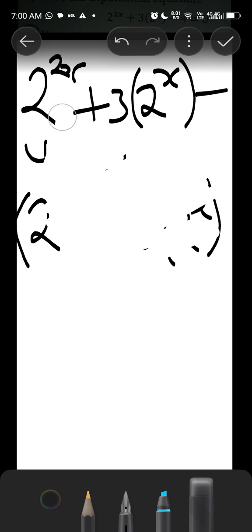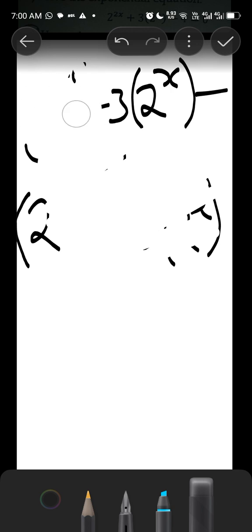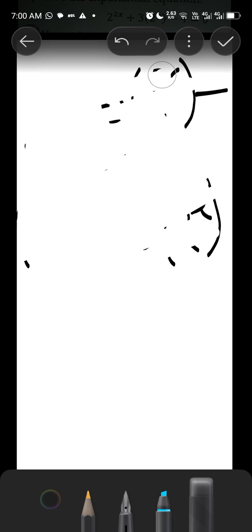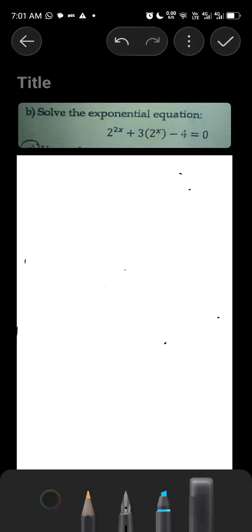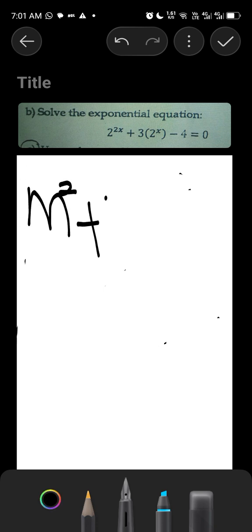Let me just wrap this. So from here, we're going to have m squared plus 3m minus 4 is equal to 0.